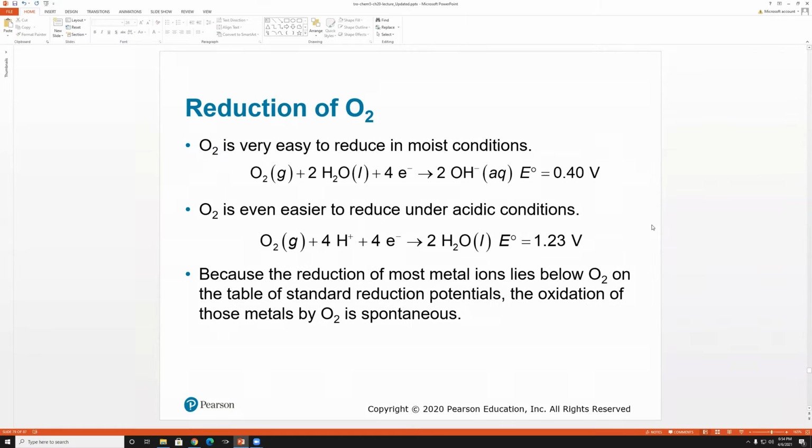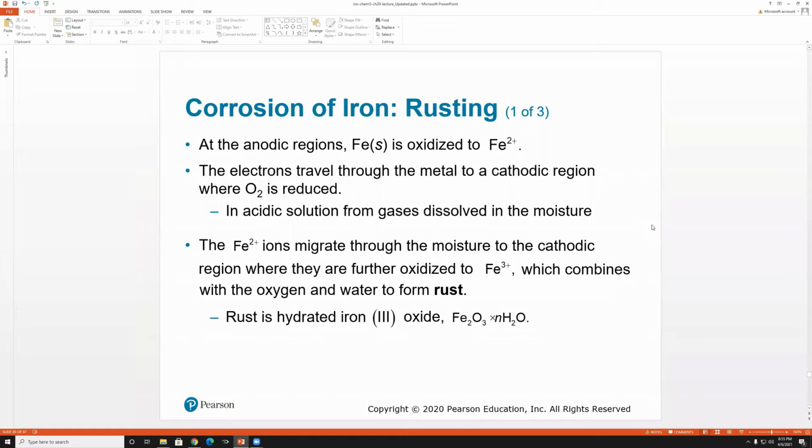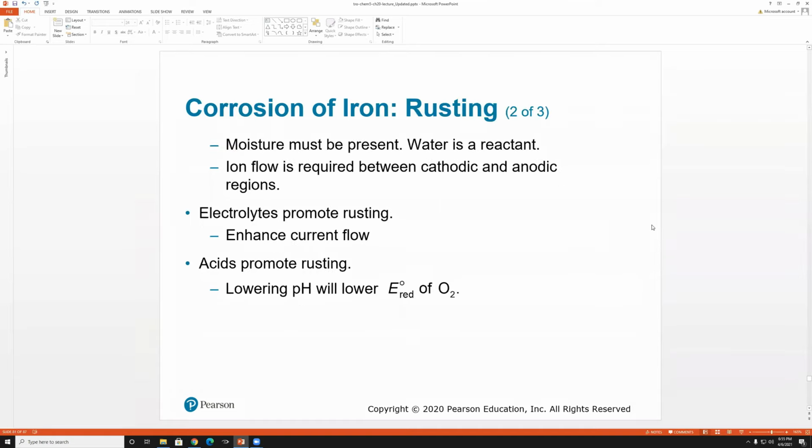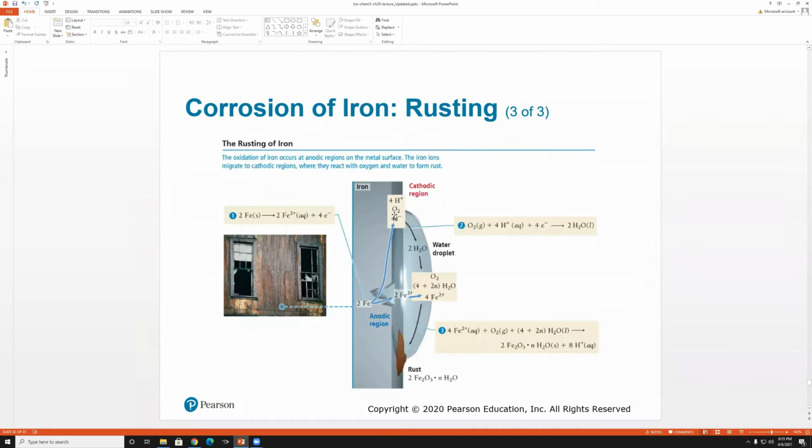Corrosion can happen to metals, and usually it's by oxidation reduction reactions, redox. The most common example is iron rusting, where iron becomes iron oxide. And here's a diagram of that. We'll go over that in class. So we have water. When water touches iron, immediately oxidation will occur.